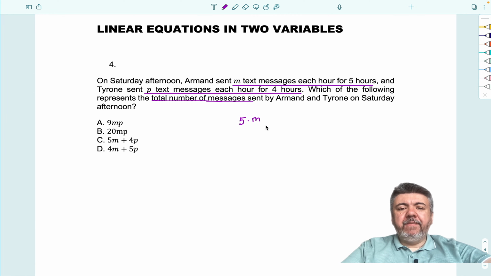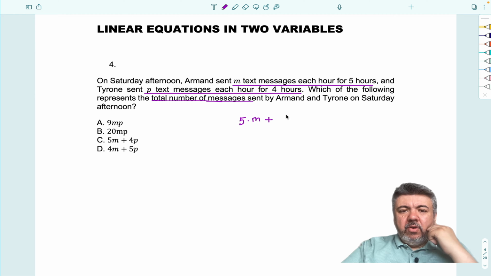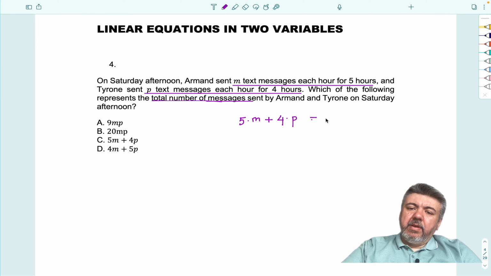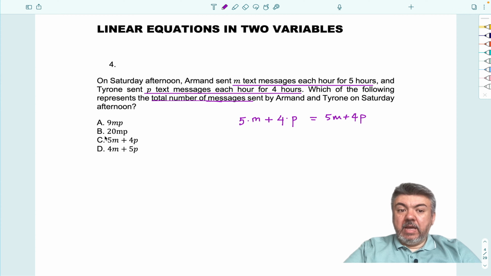So a total of 5M messages sent by Armand. Plus, what about Tyrone? Tyrone spent 4 hours messaging, and each hour sent P messages. A total of 4P is sent by Tyrone. So their sum, 5M plus 4P, will give us the total number of messages sent by the two. Okay.